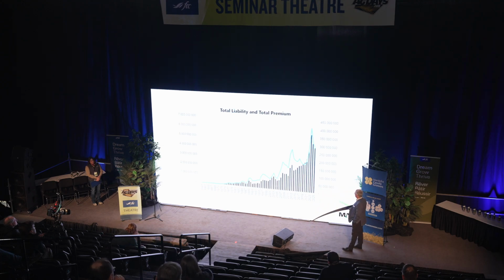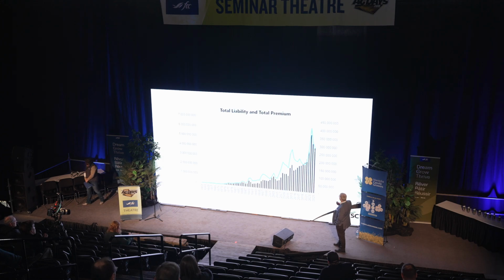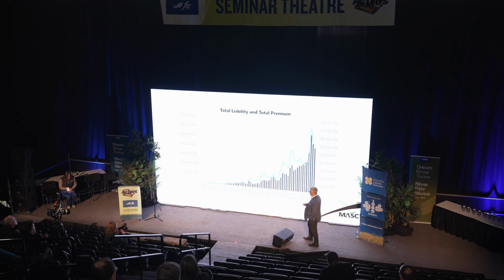So what's changed, and these black lines are basically what our liability is at MASC. You can see back in the 90s it was a lot lower. The last 10 or 15 years our liability has climbed through the roof. So it's a percentage of the coverage we offer on a per acre basis. If we offer you coverage of $500 and your rate is 10%, you're paying $50 an acre, and it's cost shared with 2 levels of government.